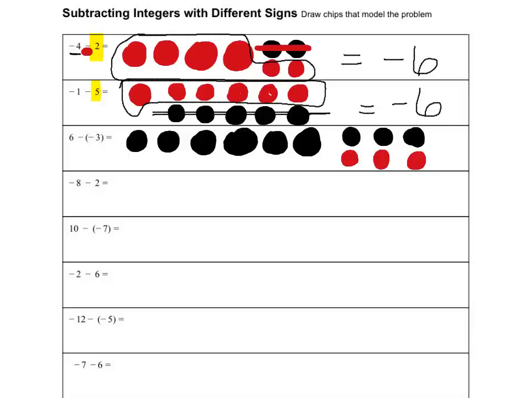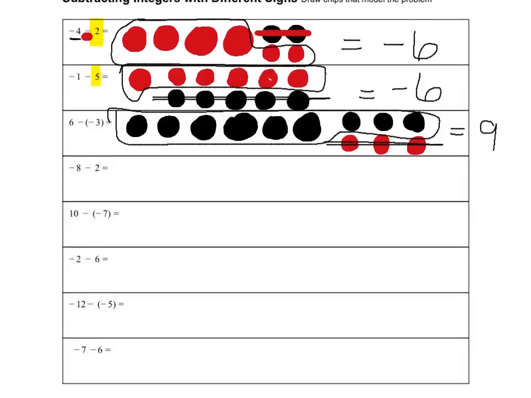Alright, now that I have that, I have what on the board to take away my 3 negatives. Those are gone. That means all these black chips are left, which gives me 9 black chips, or +9.